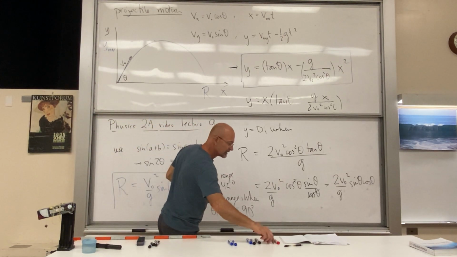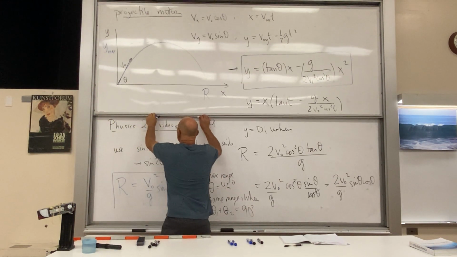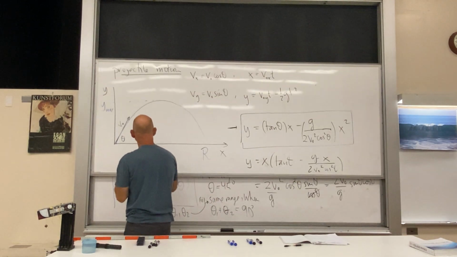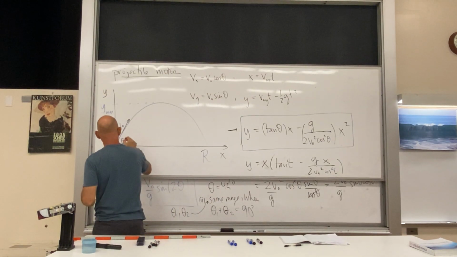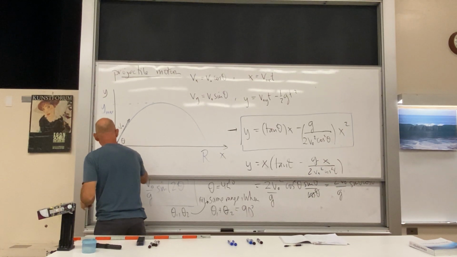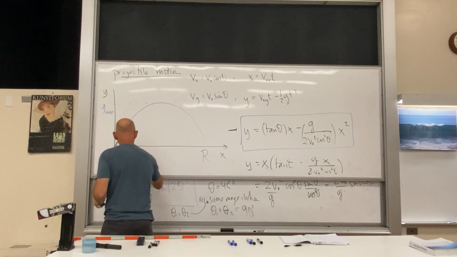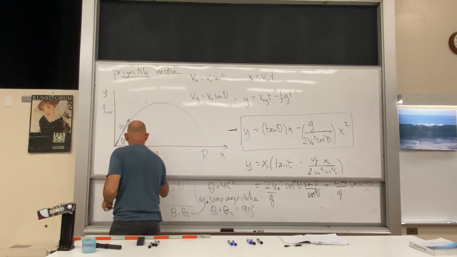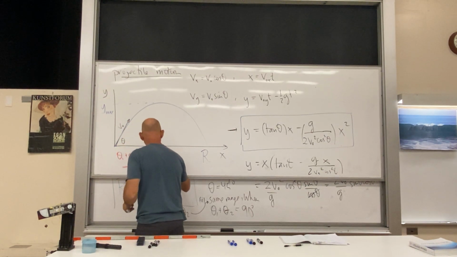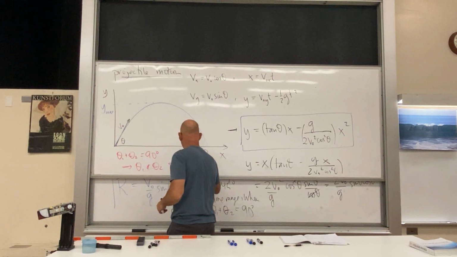You draw it in red. So we have theta 1 plus theta 2 equals 90 degrees, and theta 1 and theta 2 have the same range.